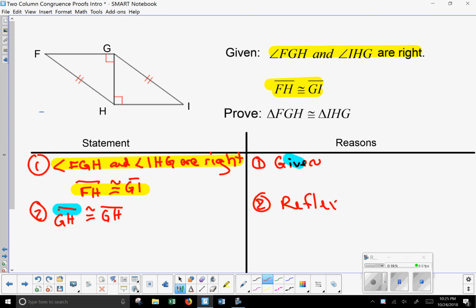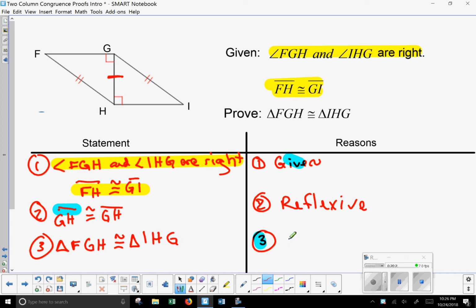Good. Okay, so now I wrote it. Now I'm going to mark it in my picture. That's going to help me look at it and say, hey, now that I know that, I can finally say there's enough marking in my picture for triangle FGH to be congruent to triangle IHG.